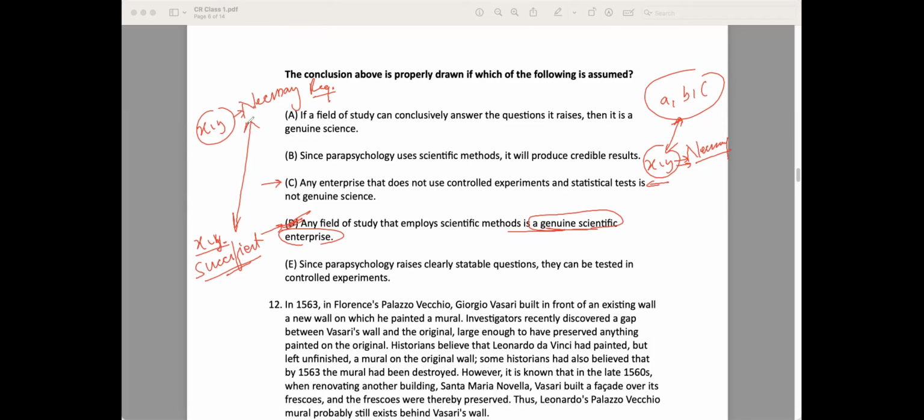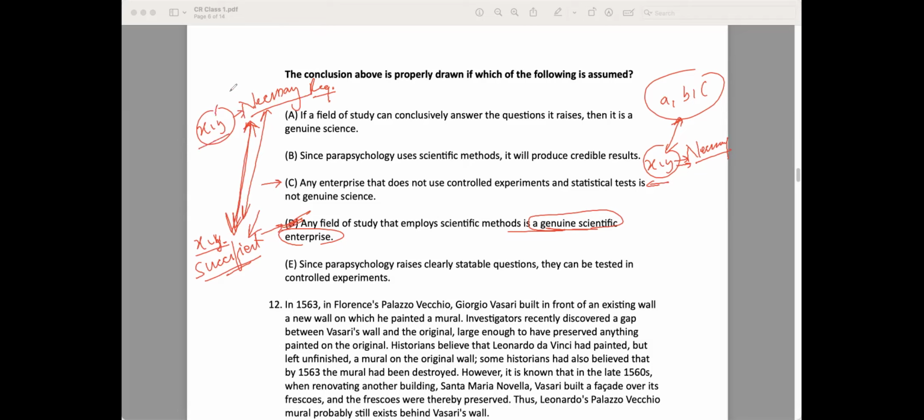Can you see that distinction? That's very, very important, because that can be used in many, many questions. Whether something is just necessary or sufficient to be called genuine scientific enterprise. Is that clear, everyone? This is a very clear distinction being made in many, many questions. Not using X and Y, we cannot call it scientific enterprise.